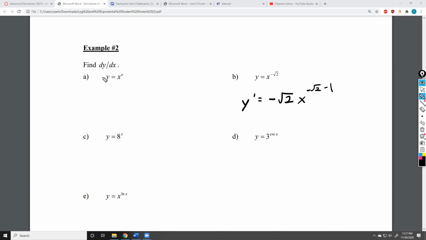It's the same idea as this one. So remember, if the variable's in the base, and a number's in the exponent, it's just a power rule. The variable in the exponent, that's when we have our exponential rule.